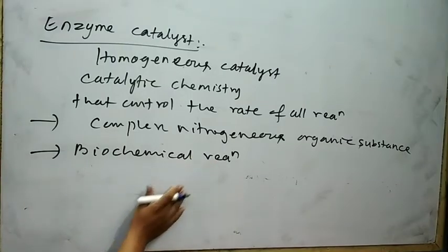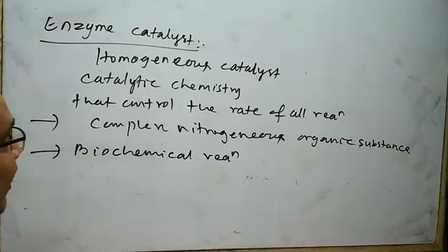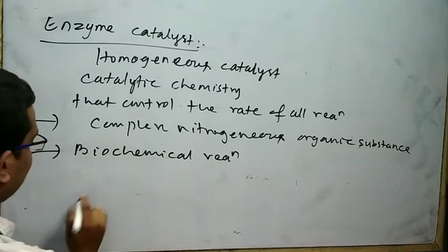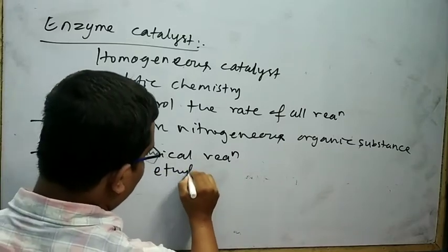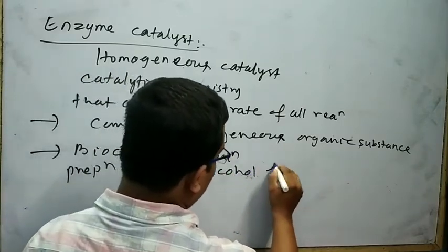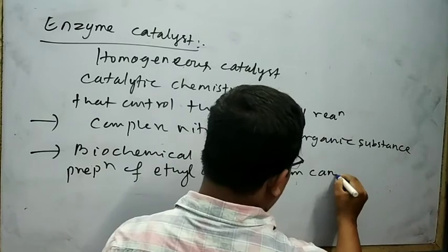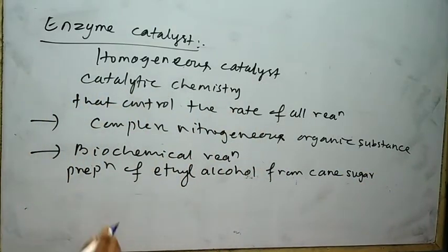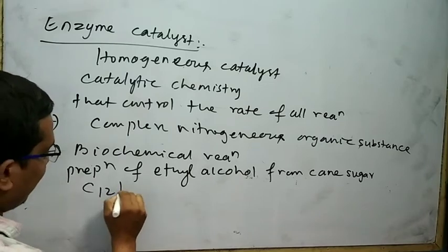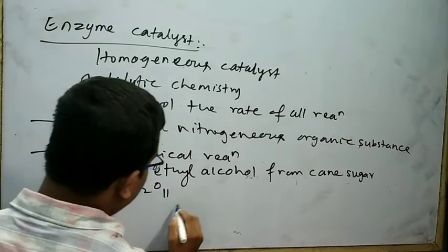Take an example which is related to the enzyme catalysis reaction. Preparation of ethyl alcohol from cane sugar. Cane sugar contains sucrose. Sucrose has formula C12H22O11.